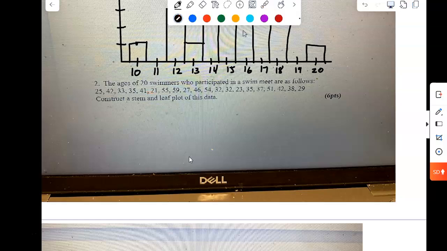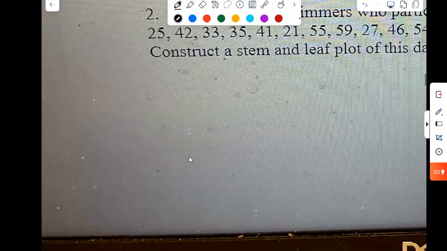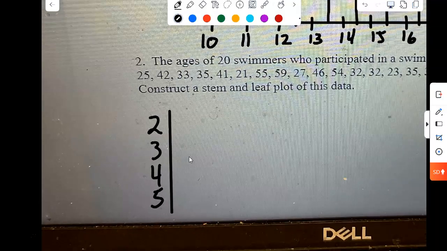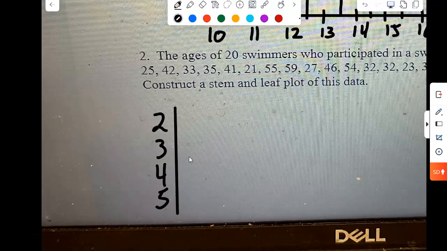As we look at our tens digits, we have 20s, 30s, 40s, and 50s. So I'll make my stem like this: 2, 3, 4, 5, and then I'll draw a little vertical bar. And then I'm just going to go through as I read each number and put it in its right row.